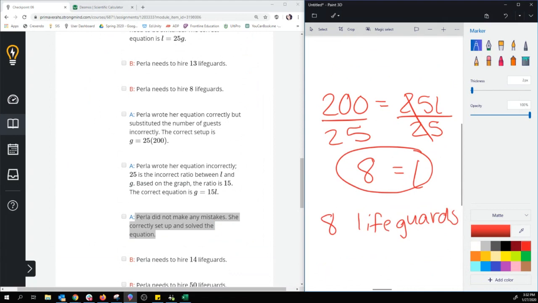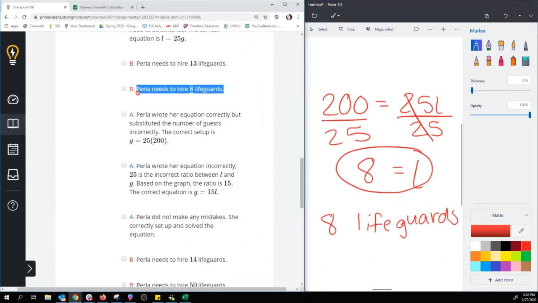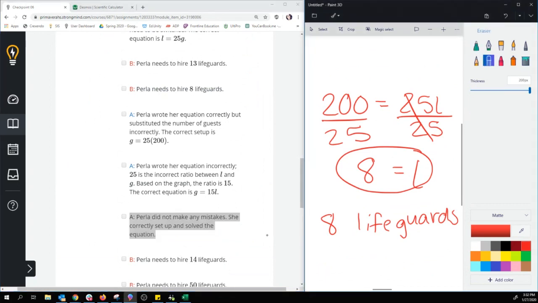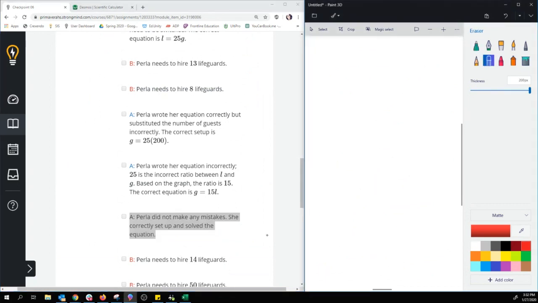Perfect. So part B would be Perla needs to hire 8 lifeguards. So 8 lifeguards, and she did not make any mistakes. And let me know once you have both those chosen, and we'll go on to the next one.